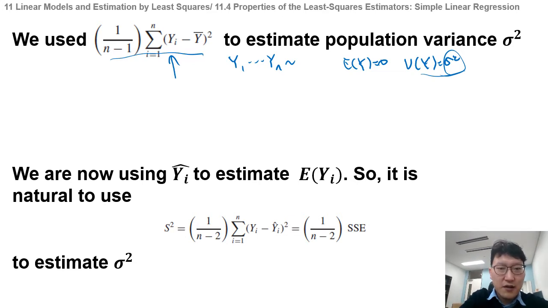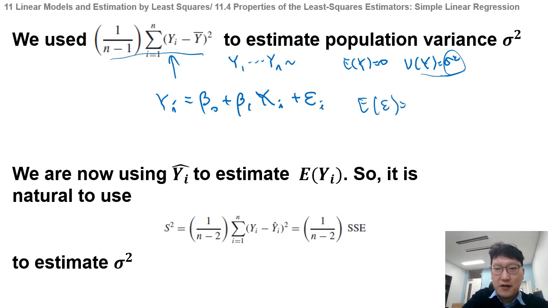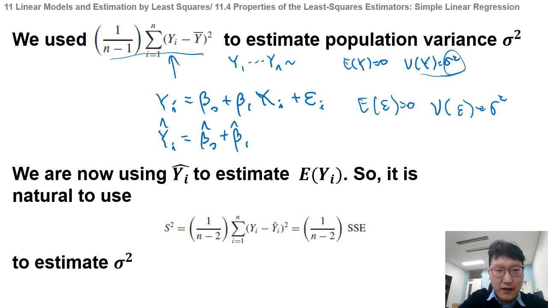Now the situation is like this: yi equals beta 0 plus beta 1 xi plus epsilon. In this case, we assume that the expected value of epsilon is 0 and the variance of epsilon is sigma squared. Also, yi hat is beta 0 hat plus beta 1 hat times xi.